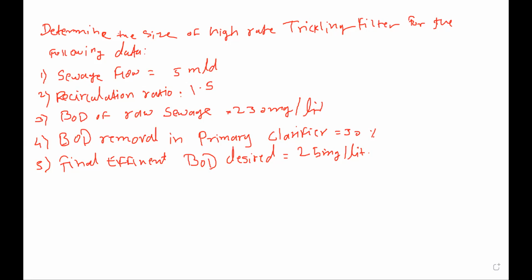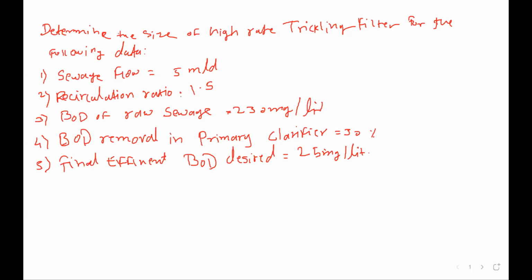I think everybody has finished this. Shall we solve? So what is given to you? In short, I will give you the notations. Sewage flow is given to you, that means Q is given in million liter per day.